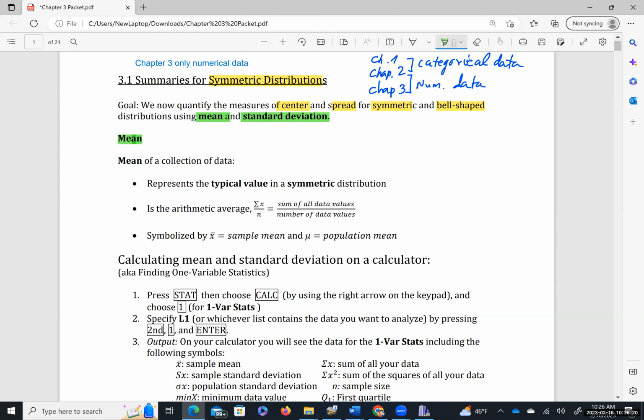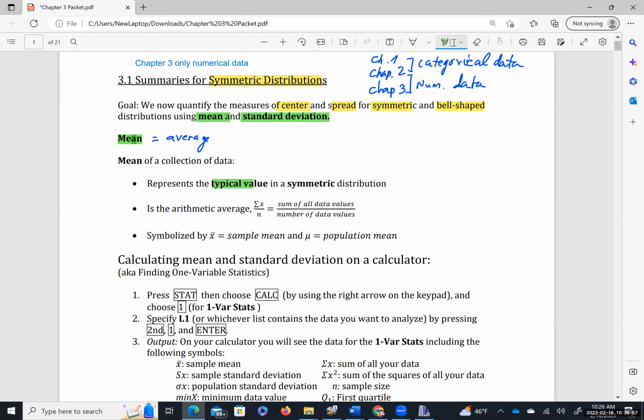So what is a mean? I just remind you, I did talk a little bit about it in chapter 2. Mean is actually average, right? Mean is average in this course. For a collection of data, the mean represents the typical value in a symmetric distribution.